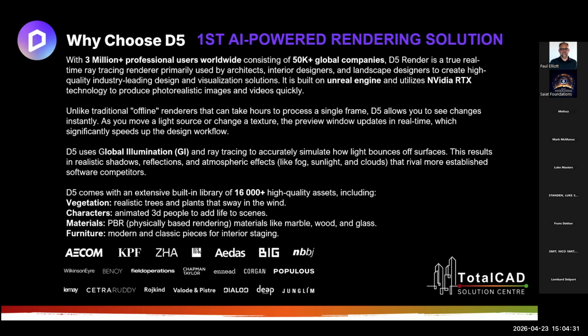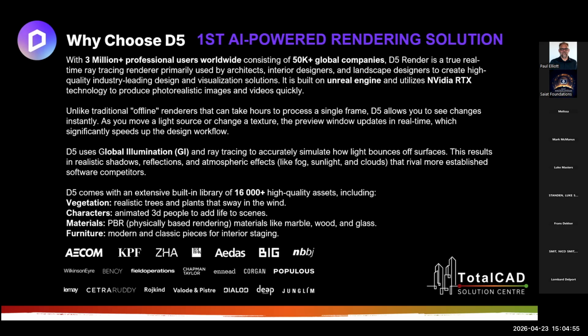The built-in AI features are simply out of this world with features like 3D to image to 3D. We simply source an image of an object from the internet, like a park bench, for example, upload the image to D5, simply click a button and boom. Next thing you know, a 3D object of the image is created and you can use it in your project.